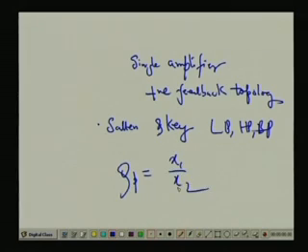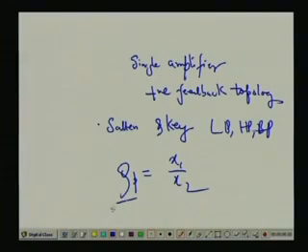What is this x1 x2? It is a ratio of some capacitances or resistances. So in all the cases, if I want to make this pole selectivity high, this ratio has to be high.